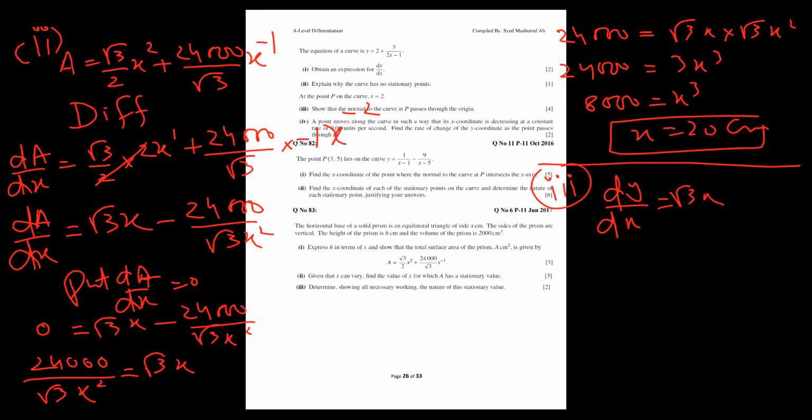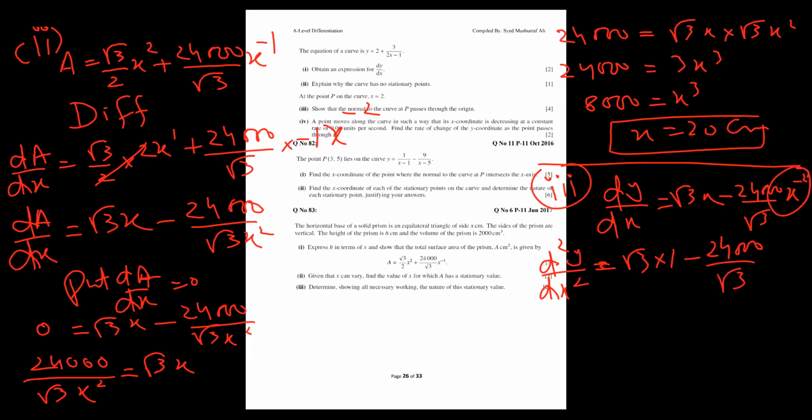This x squared I will bring into the numerator, so I get minus 24,000 over root 3 times x to the power negative 2. Now differentiate again, d2A over dx2. This root 3 is a multiplying coefficient, keep as it is. And what is the derivative of x? You know it's 1, so let me copy 1 as it is. The dividing coefficient 24,000 by root 3 stays as it is.